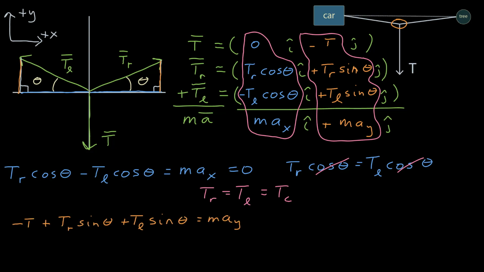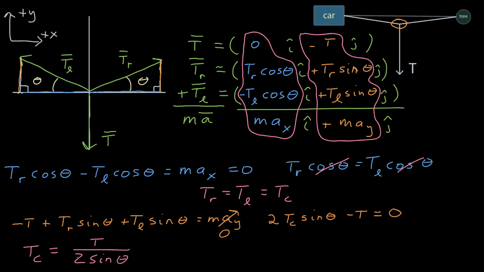Looking at the y component, I have this relationship, but again the acceleration in the y is equal to 0, so now I can solve for the tension in the cable, which is the tension that is pulling out my car. Solving that in terms of the tension that I'm pulling on the cable, I get the tension in the cable is equal to the perpendicular tension that I'm pulling on it divided by 2 sine theta.